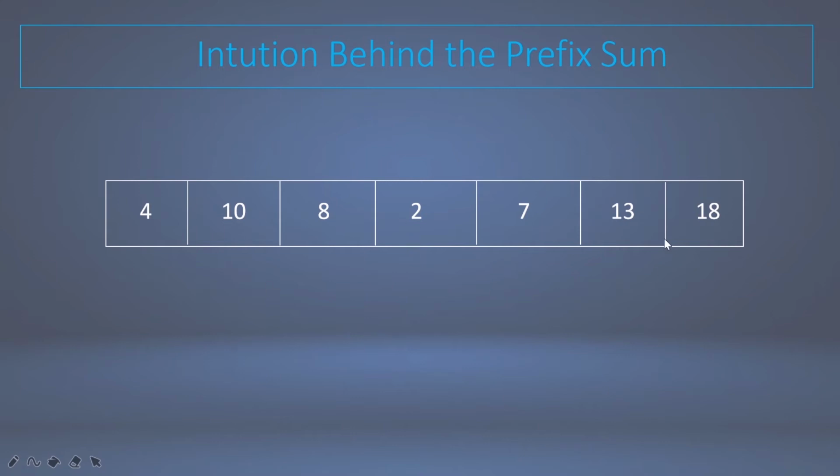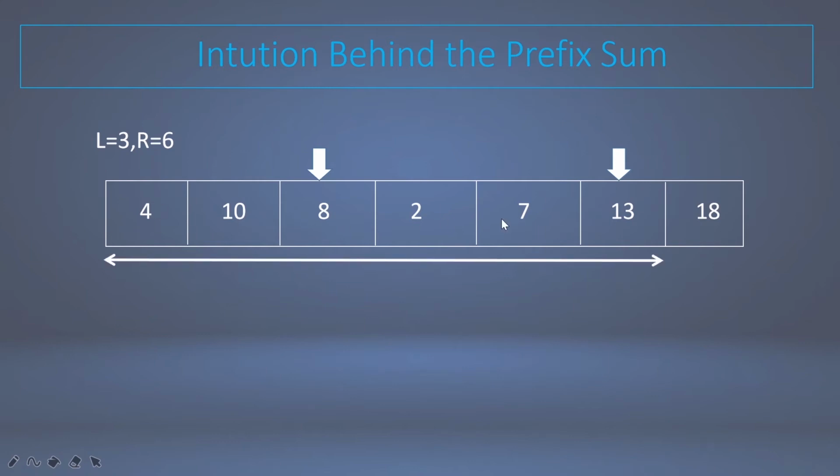Suppose this is the array and we have to find the sum from 3 to 6. This is 3 and this is 6. So you have to find the sum in this range. What we can do is firstly find the sum from 1 to R. We will add all the elements from 1 to R in our sum variable, and then from this we will subtract the sum of all the elements from 1 to L minus 1.